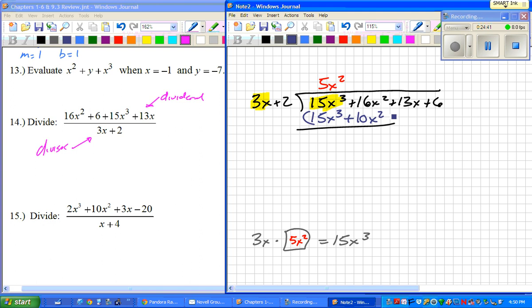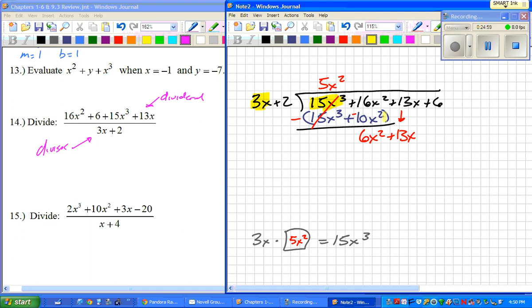And now what we're doing right here is we are subtracting those. So that cancels. You're actually subtracting that. And then you're going to get a 6x squared and drop the 13x. Okay?